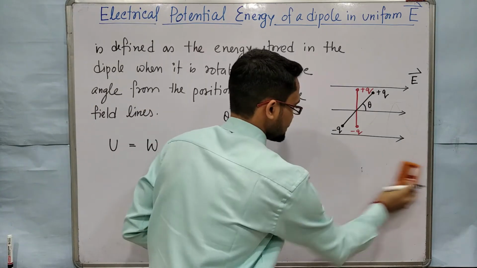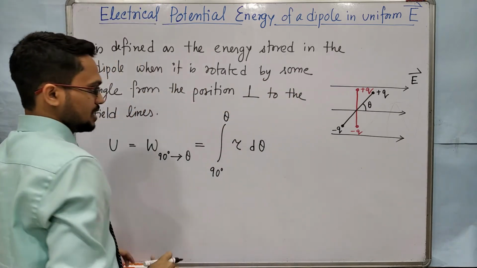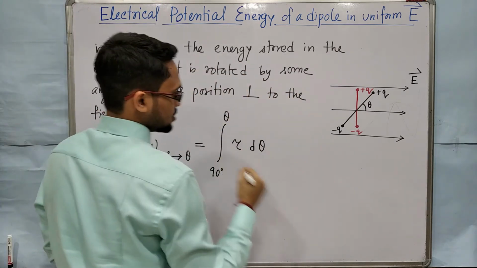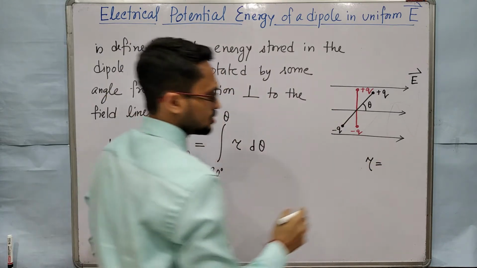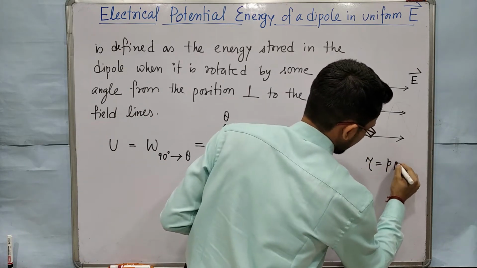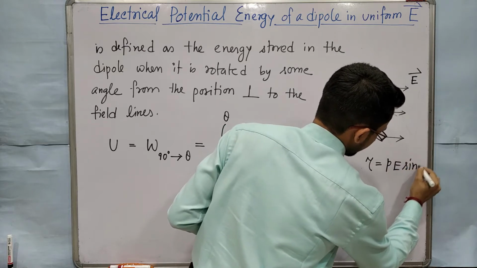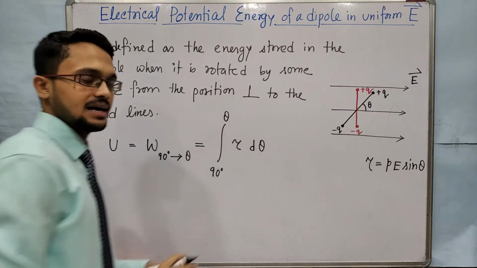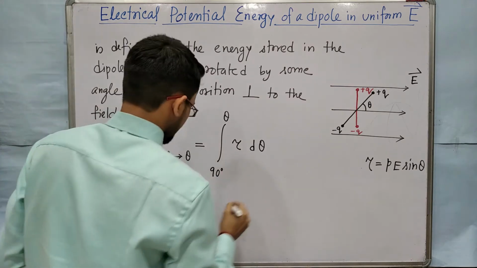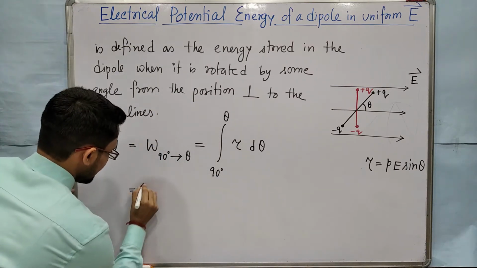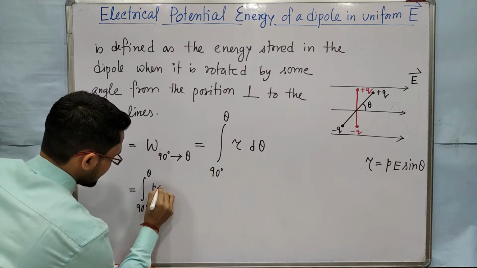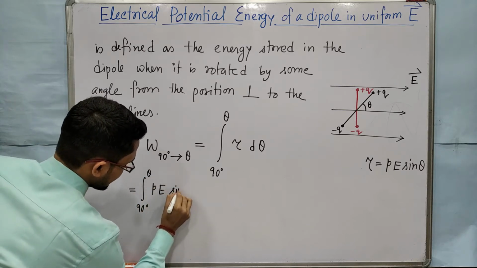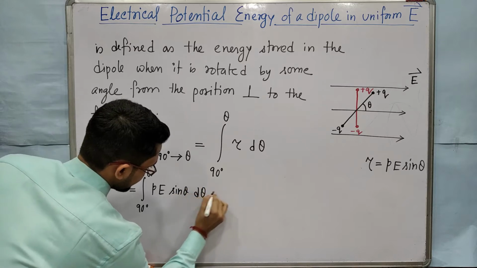We have already discussed the torque: tau equals P cross E, that means P E sin theta. We take only the magnitude here. So it will be the integral from 90 degrees to theta of P E sin theta d theta.